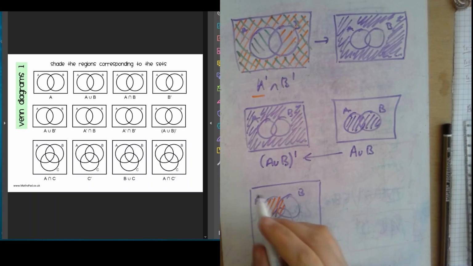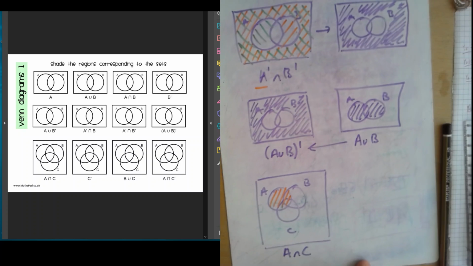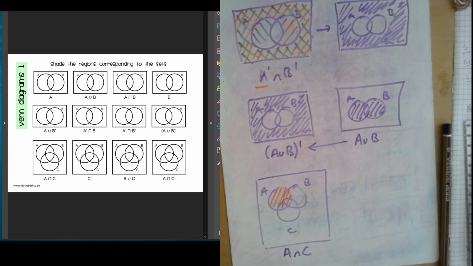Oh, sorry, why did I not write A and C? A and C. Okay, so my A is the orange, and then the C is just that circle for this one.